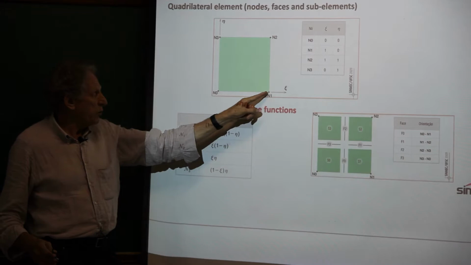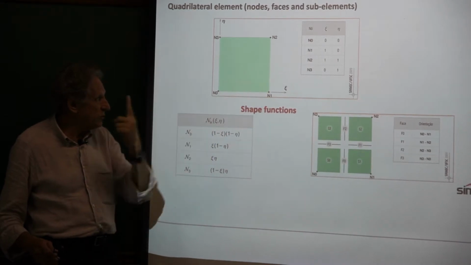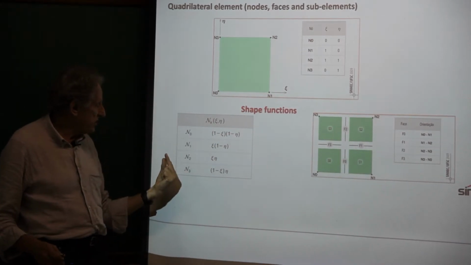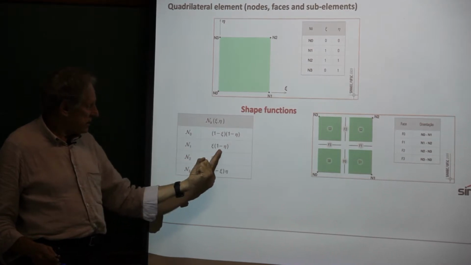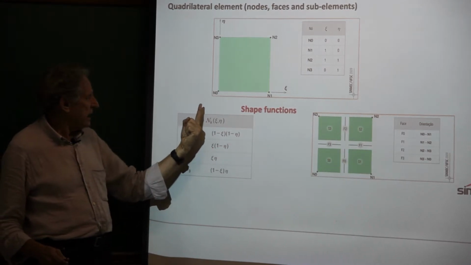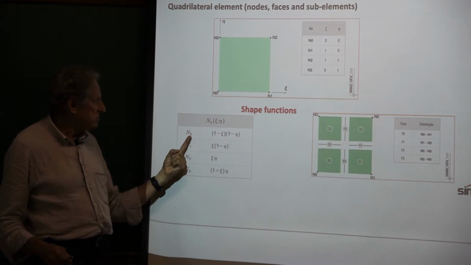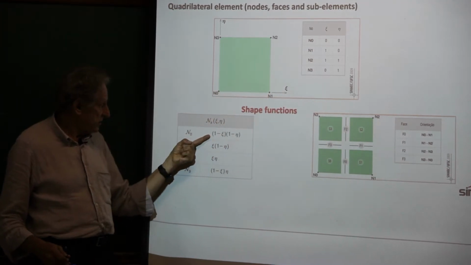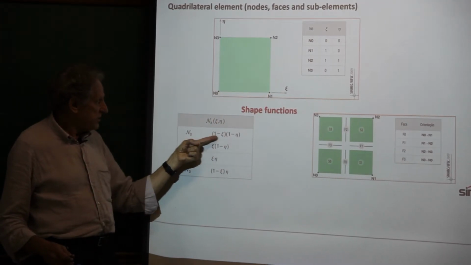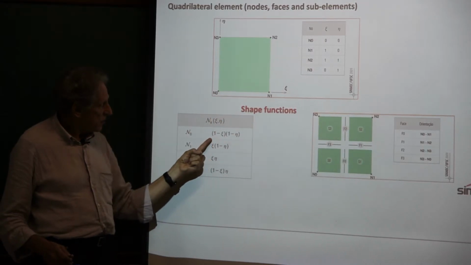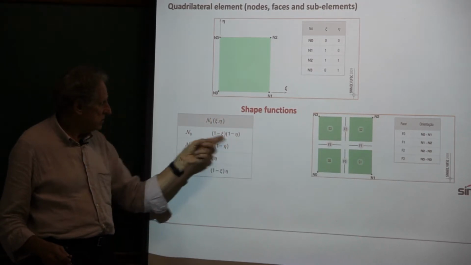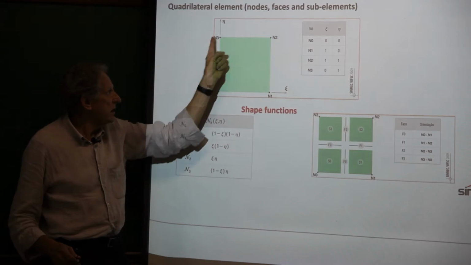So what point is this one? C is equal to 1, eta is equal to 0. So eta is equal to 0, n0 is here. C is 1, 1 minus 1, 0. So n0 is 0 there. So it's the same.